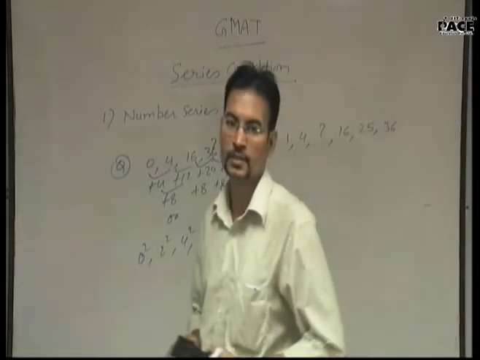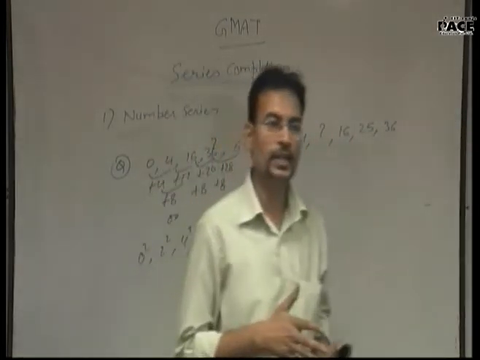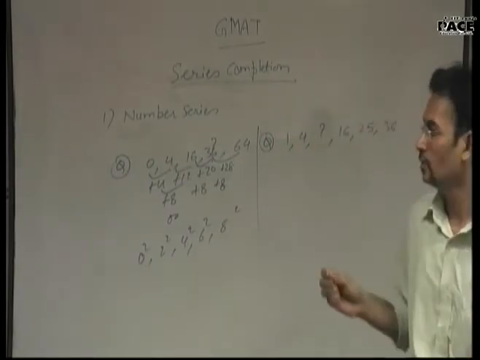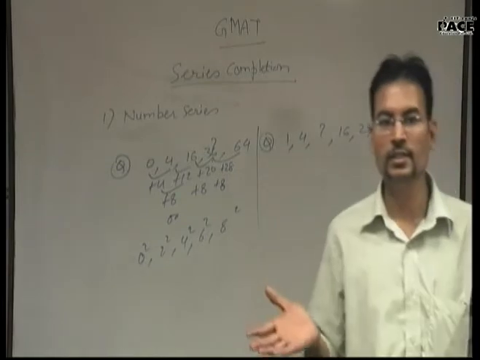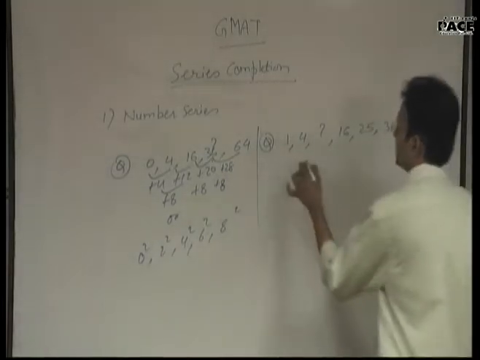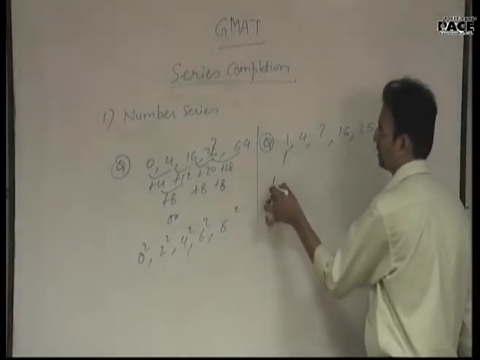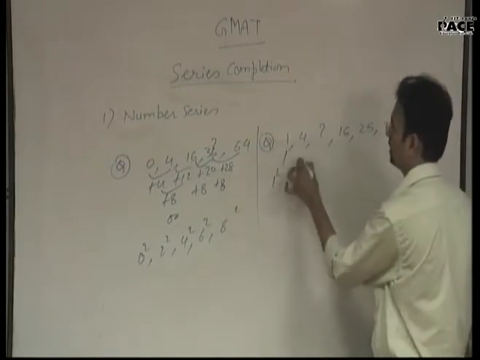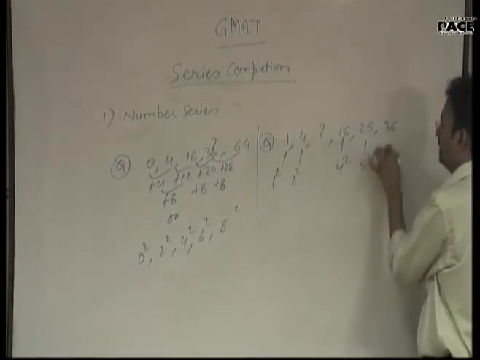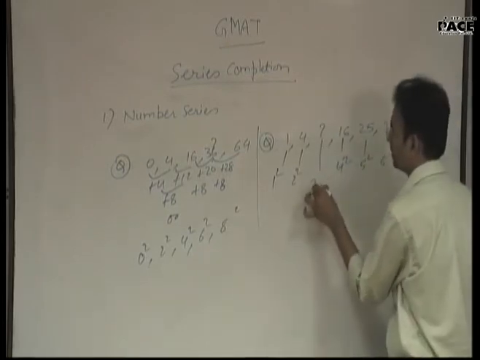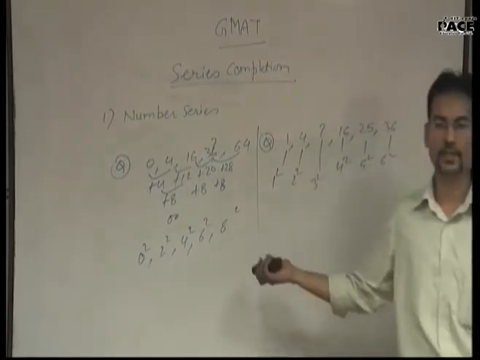In this question, it is quite obvious that if we know the squares and cubes of the numbers, then we can easily find that this is nothing but the series of squares of natural numbers. That is 1 square, 2 square, 4 square, 5 square and 6 square. There should be 3 square.